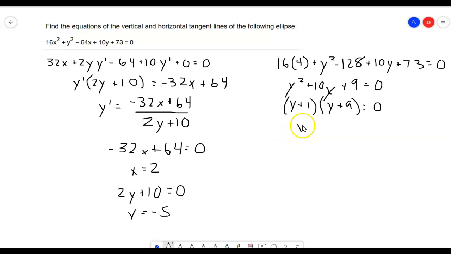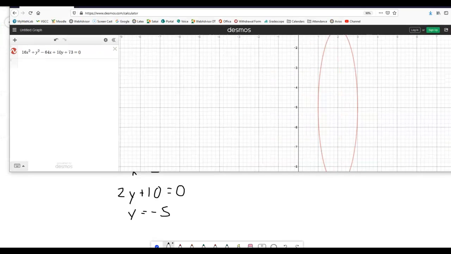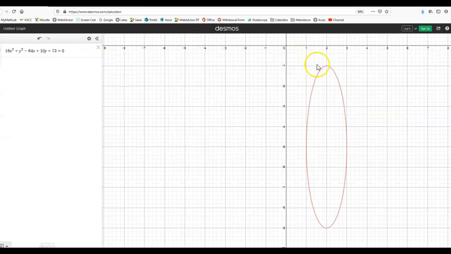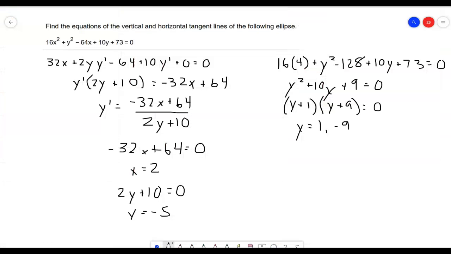And sure enough, that gives us that y is equal to -1 and -9. Let's see if that corresponds with what we had in our graph before. So y is equal to -1 and -9. Looks good.